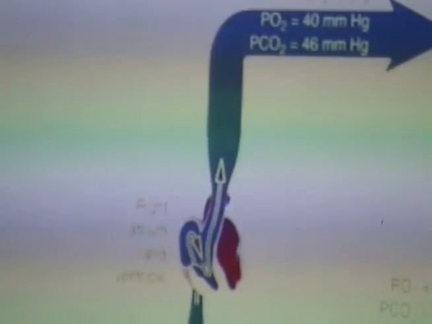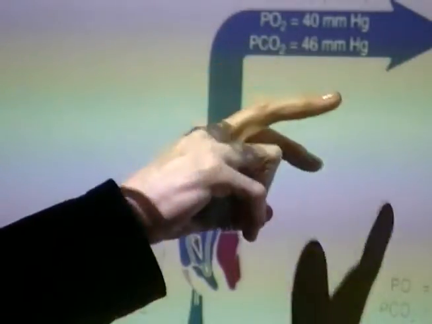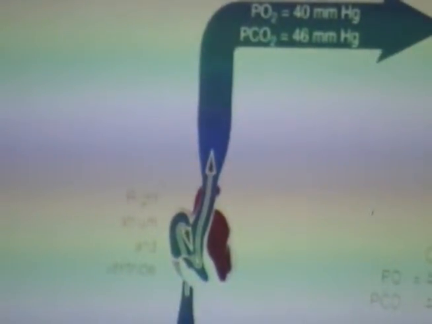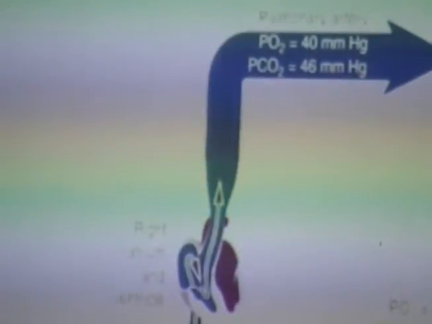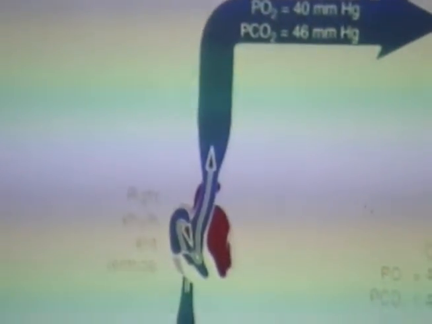And if you follow the numbers for carbon dioxide, they're reversed because we're not taking carbon dioxide, we're picking up carbon dioxide so that we can get rid of it into the atmosphere.